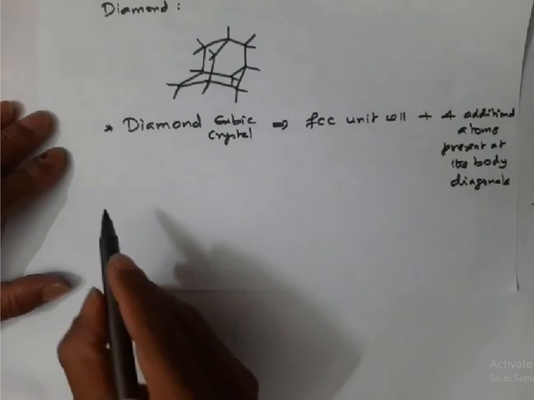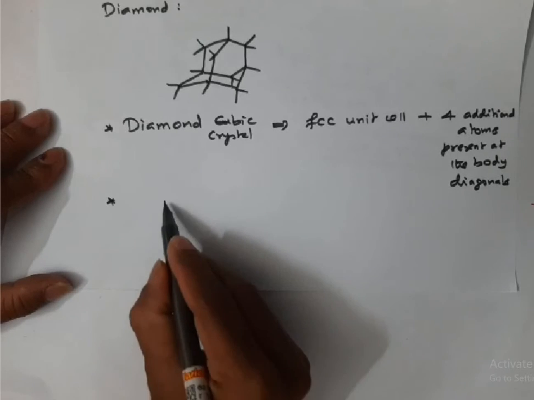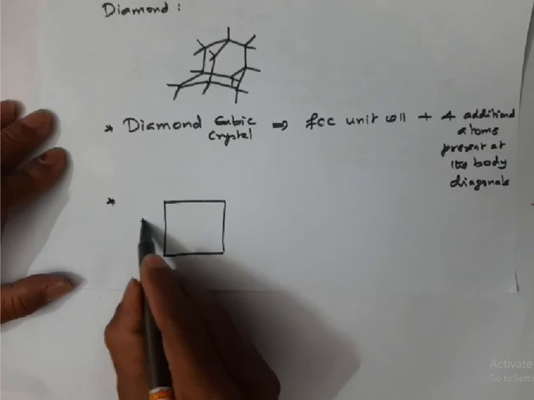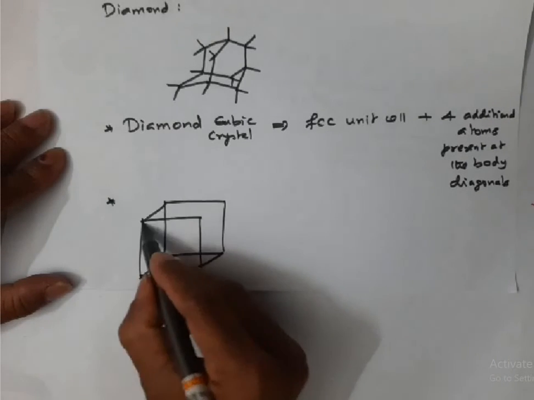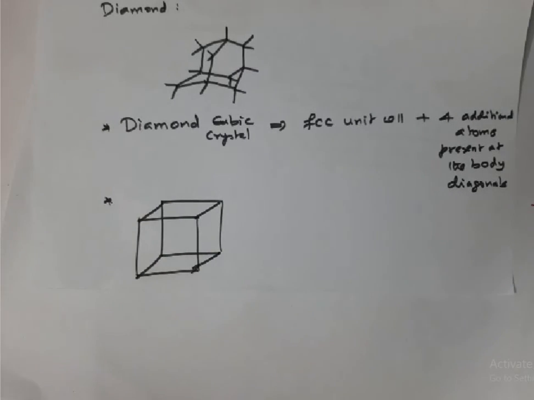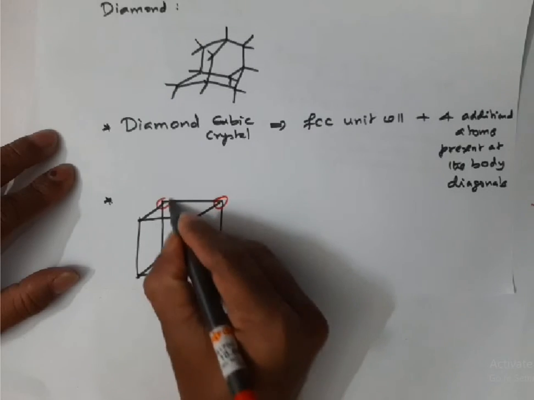First let me draw the FCC unit cell. You know very well an FCC unit cell looks like this. In FCC unit cell, all 8 corners are occupied by atoms.